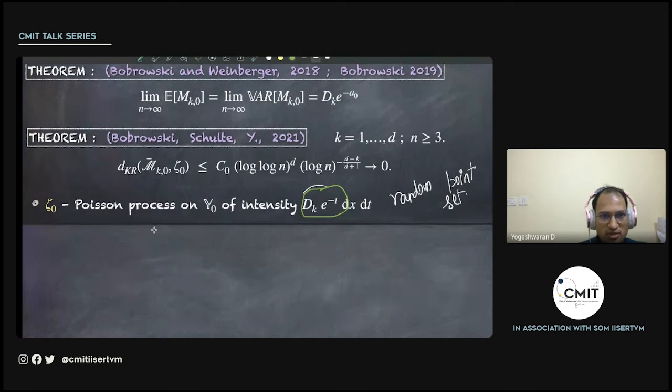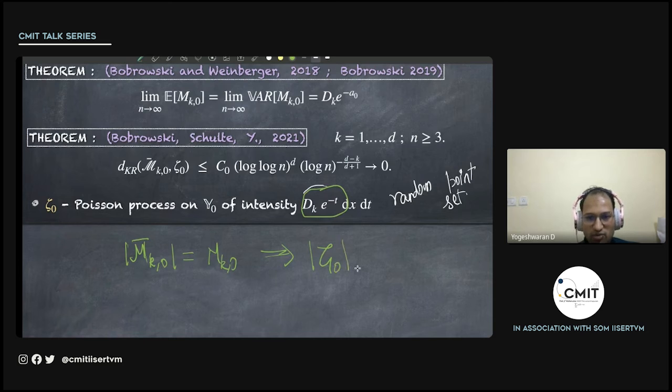The corollary is that the cardinality of M_K bar 0, which is nothing but M_K 0, converges weakly to the cardinality of psi 0, and this one is a Poisson random variable with mean d_K e to the minus a naught.